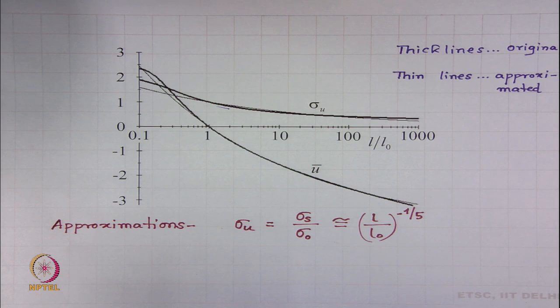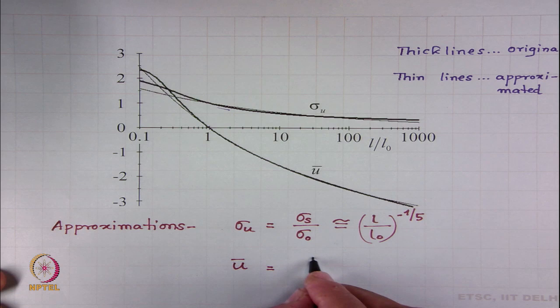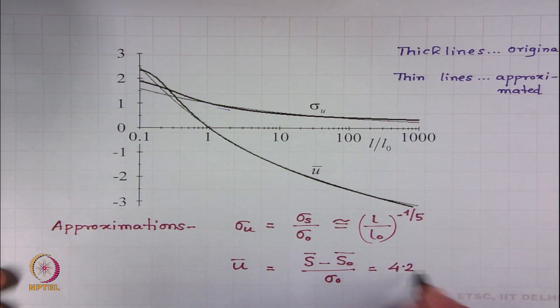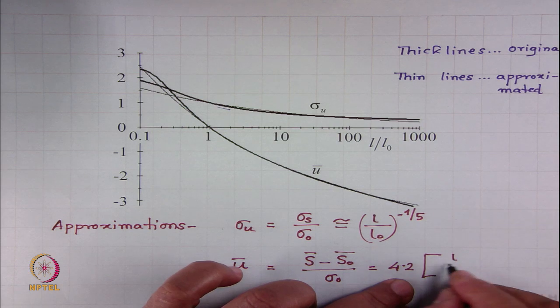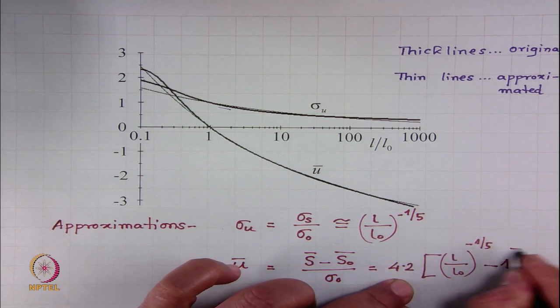So, these are the approximations used by Peirce, and for u bar Peirce approximated by this, 4.2 into L by L naught to the power minus 1 by 5, minus 1.